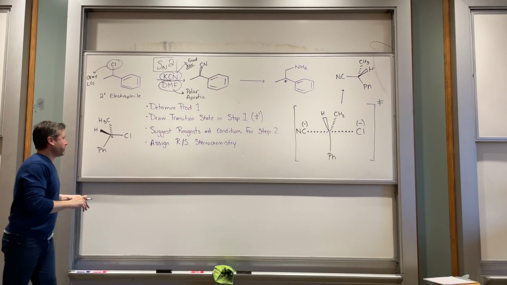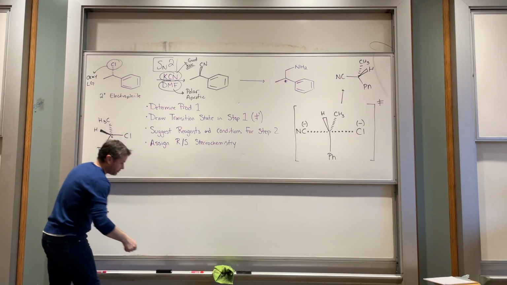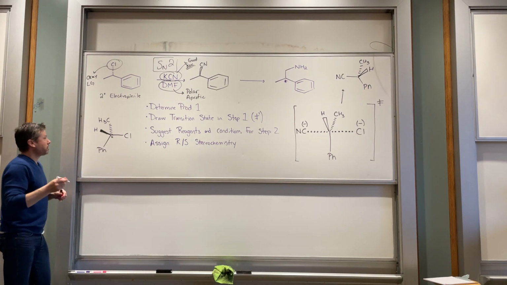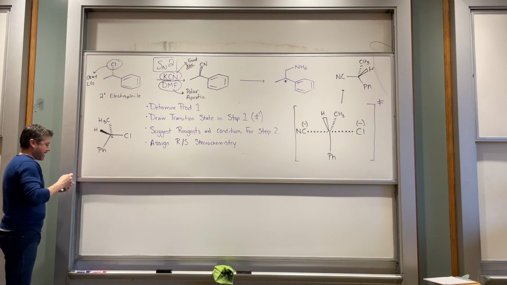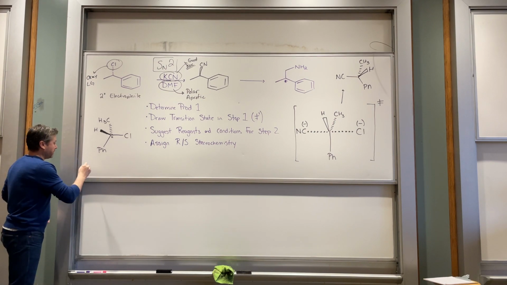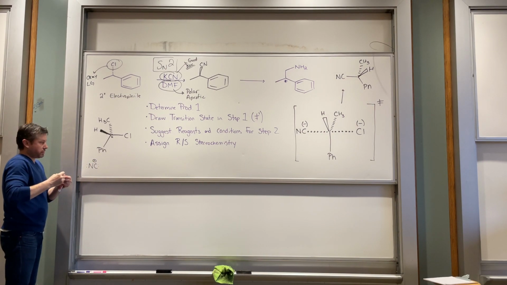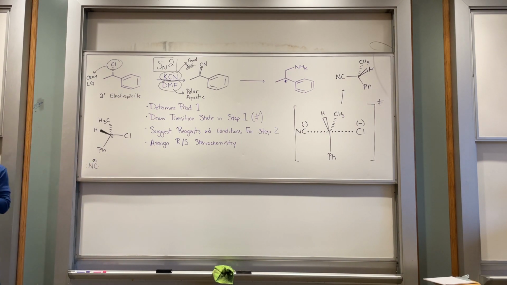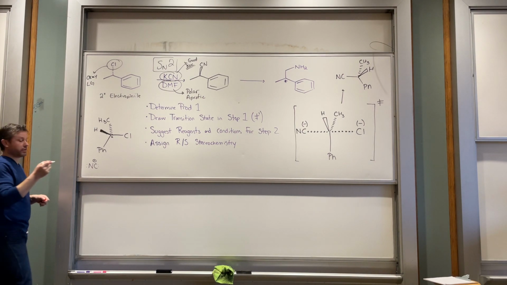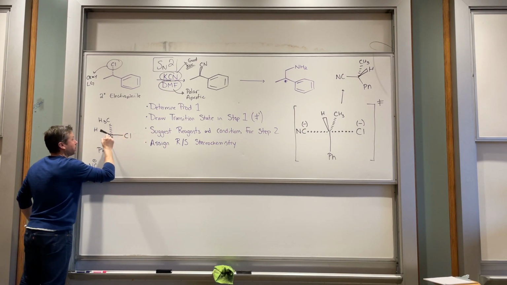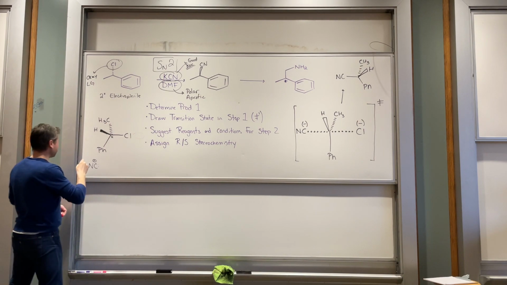And so this is what I want you to pay attention to. Remember, whenever the nucleophile adds in an SN2 reaction, it's got to interact with the anti-bonding orbital of the carbon-leaving group bond, right?